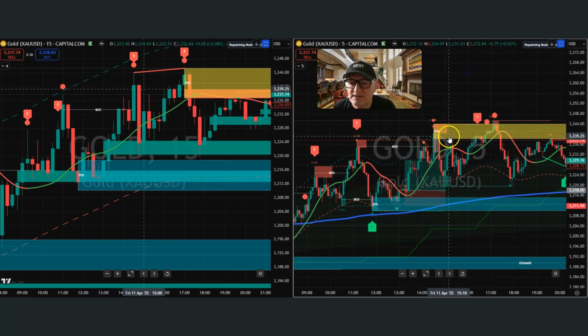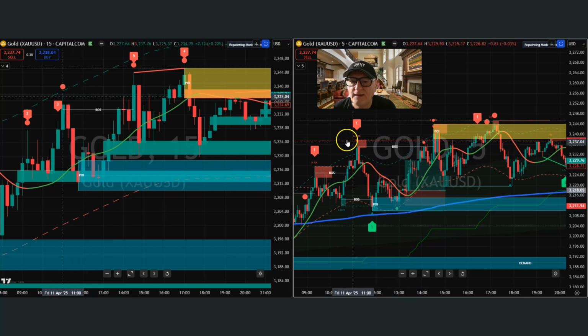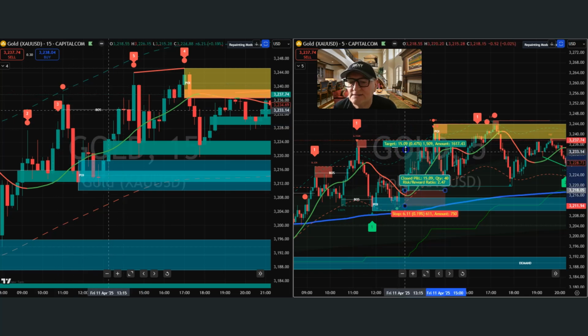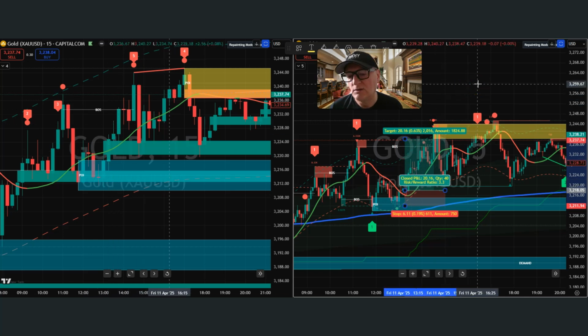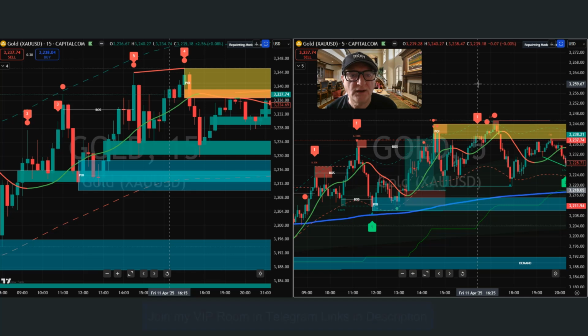Now this is automatically generated as well. This is already there from previous highs. So we can say that the price is going to go to 32.28, and that's going to give us 201 pips. Okay, so that session gave us over 200 pips.